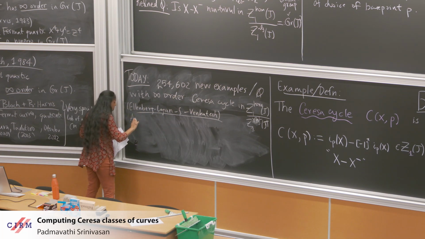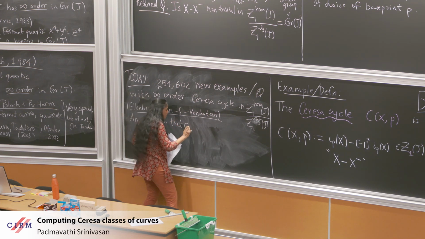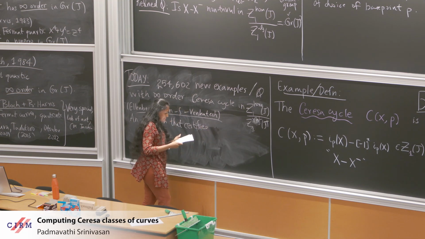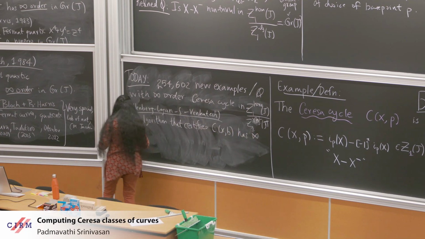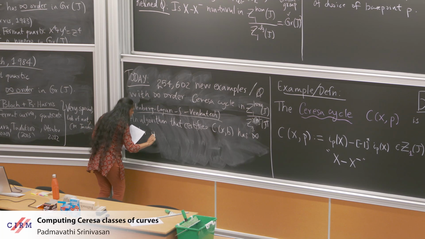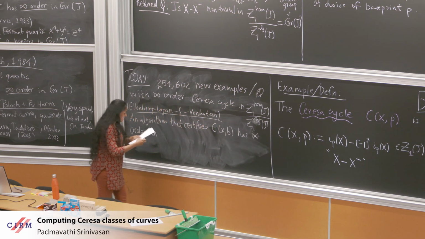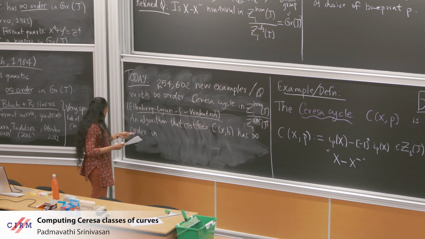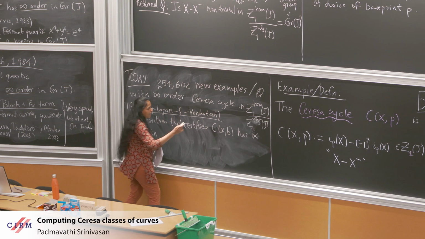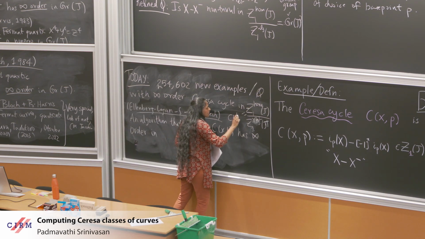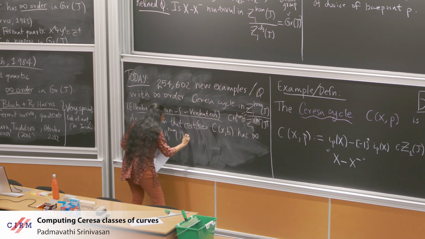We have an algorithm that certifies that the Ceresa cycle has infinite order in this quotient of the group of homologically trivial cycles modulo rationally trivial cycles, in this Chow group, and either it does that or it does not terminate.